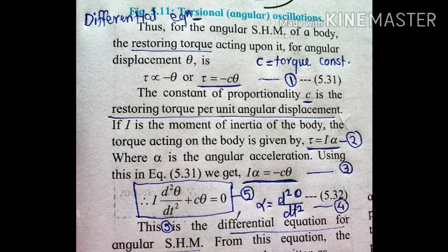Therefore, we get equation number 1 as tau is equal to minus C theta. Then, from equation 1, the magnitude of restoring torque is given by tau is equal to C theta, and from this C is equal to tau upon theta.